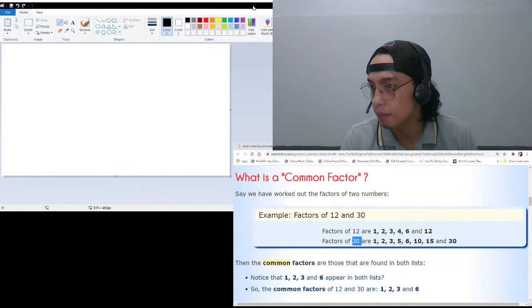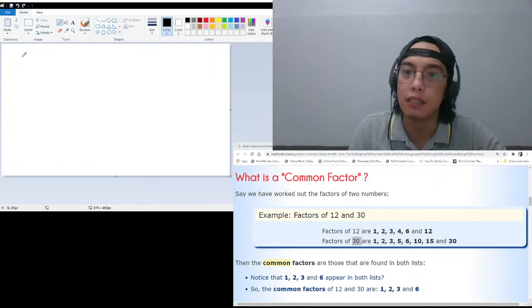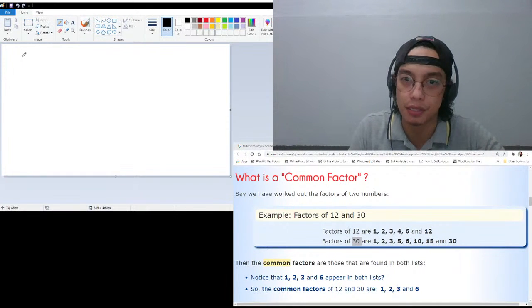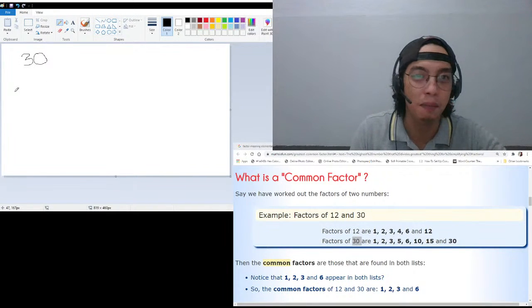Okay. 30. Unsa may mga numbers na pwede nimo magamit na mahimo siya og 30? Ang iyahang result is 30.